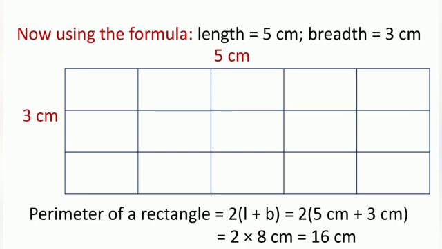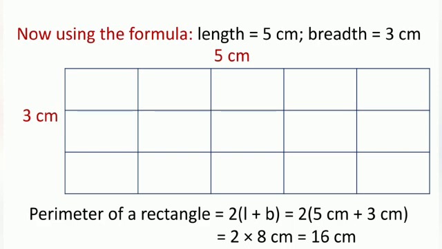Now let us find the perimeter of this rectangle by using the formula. Each side of the square is of 1 centimeter. Perimeter of a rectangle is 2 into (L plus B), where L is the length of the rectangle and B is the breadth of the rectangle.